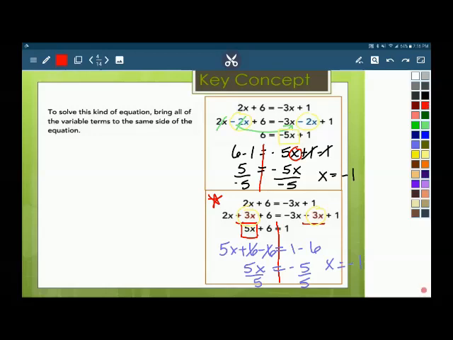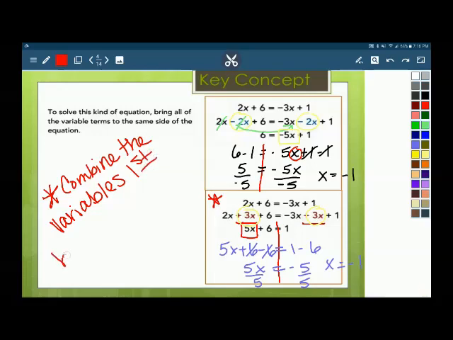I would just say the best way to go about this is to combine the variables first. We're going to do this by using inverse operations.